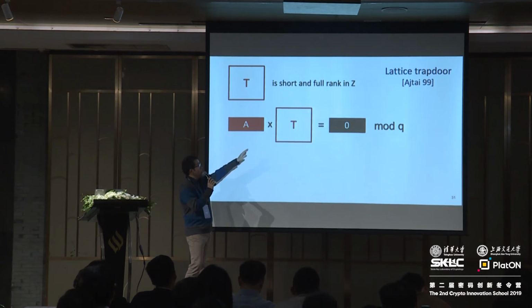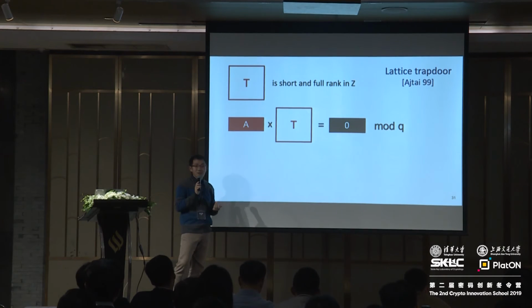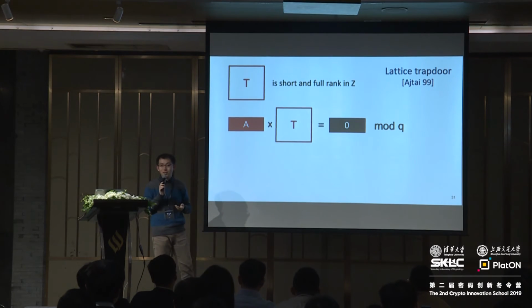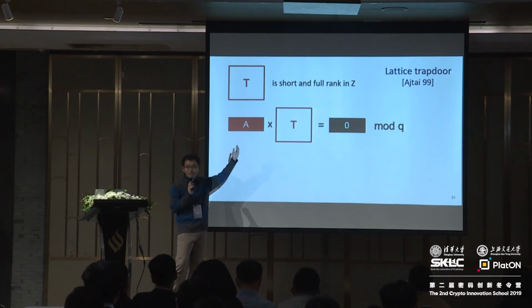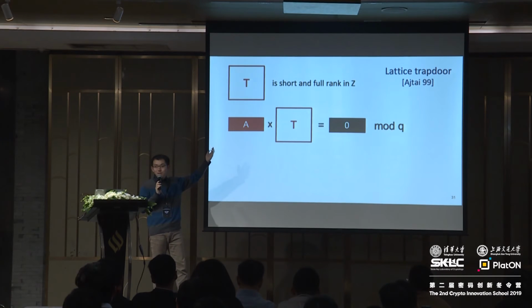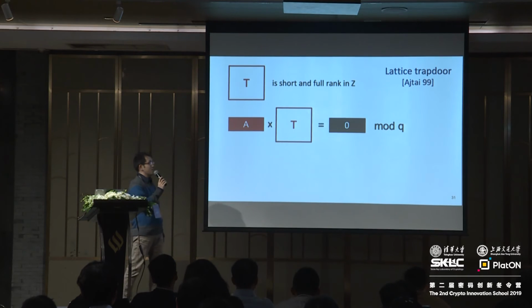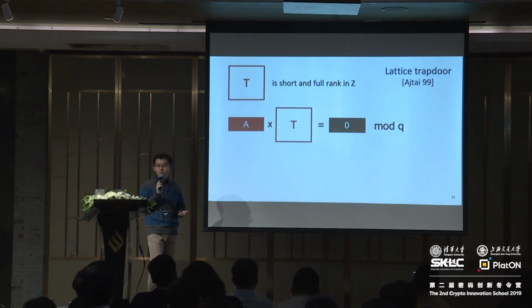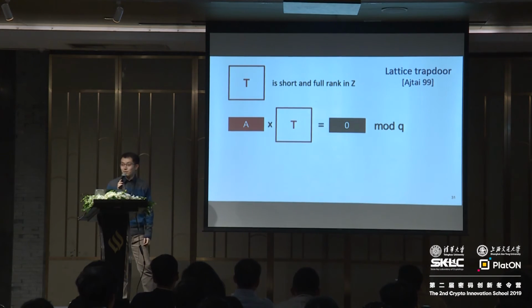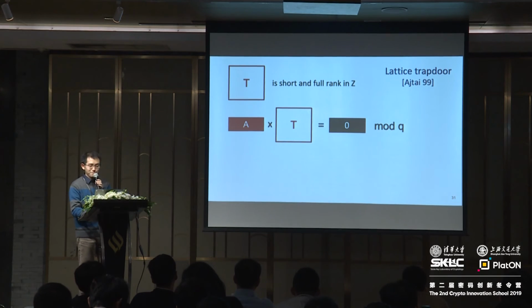Note that T is full-rank over Z. Actually, as a quick reminder, you can show that T cannot be full-rank over Z_q, because as the kernel of some non-trivial matrix A, it cannot be full-rank by itself over Z_q. But it turns out you can build it to be full-rank over Z. So what Ajtai shows is that any such matrix, which is short and full-rank over Z, you can use as a lattice trapdoor for A.